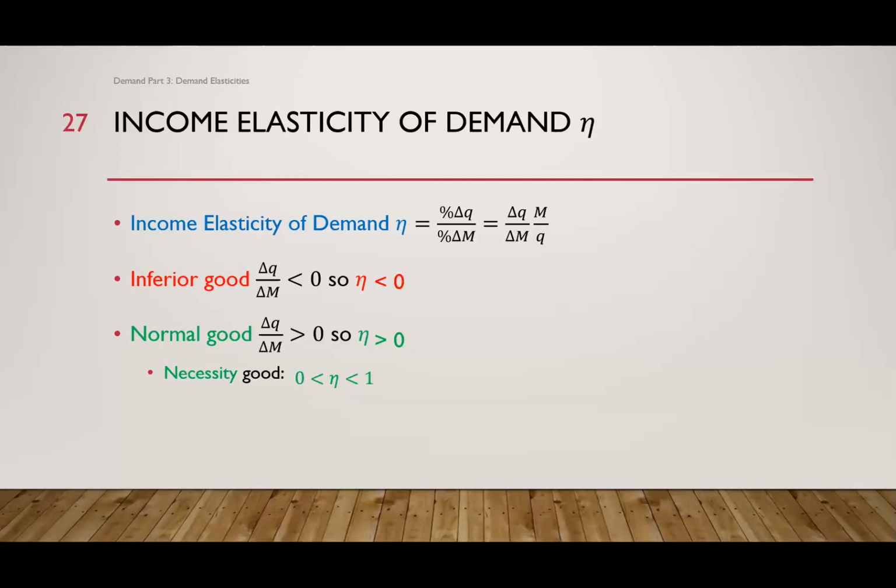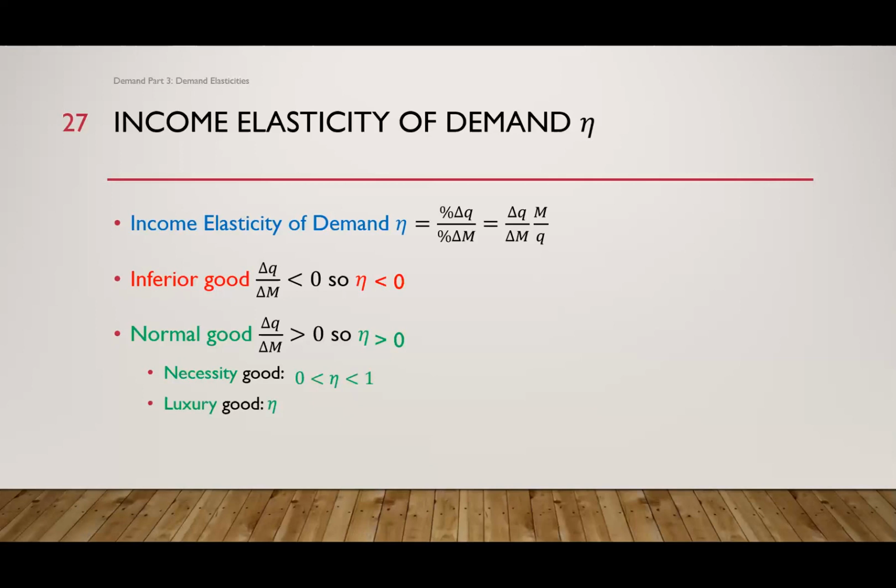Now you make 100,000, but that's a 100% increase in your income. But imagine your consumption of food only increases by 50%. So instead of spending 20,000, now you spend 30,000 on food. So it's a normal good. As your income went up, you spend more of it. But now notice it's only 30% of your budget, right? So that's the idea for necessity goods. The normal goods, you buy more of it as you get richer, but it becomes a smaller share of your budget.